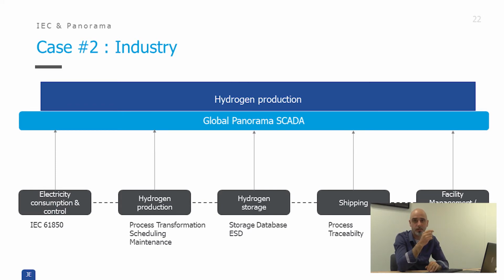It's a part of the process chain which needs some process features like scheduling, storage database, emergency shutdown, traceability, and of course power consumption in the building management system. So all those behaviors can be handled in a single global Panorama application for the process industry.